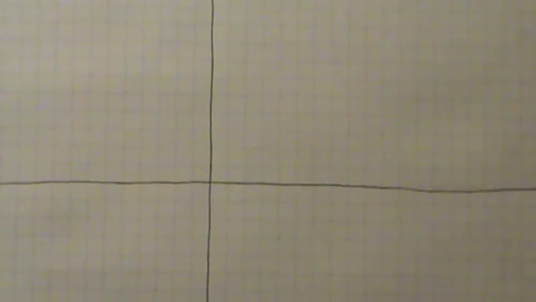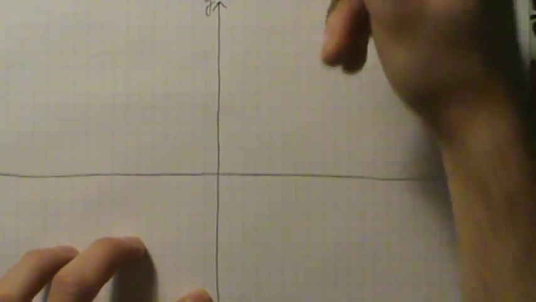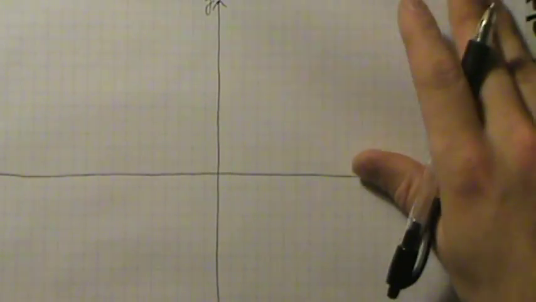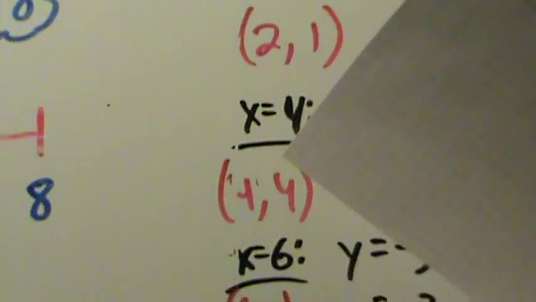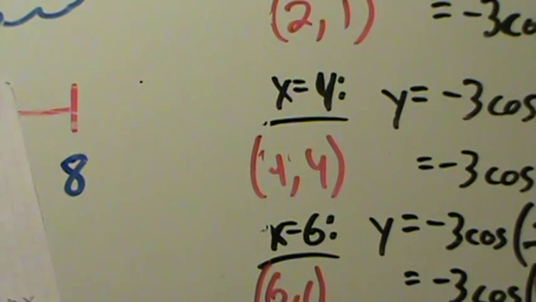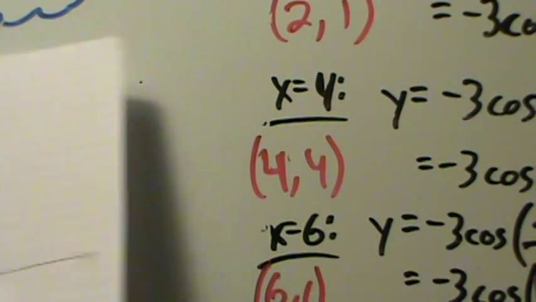Alright, zoom back out a bit. So x-axis, y-axis. If you're following along, you don't really have to make yours exactly like this. You just want to make it big enough to fit these points here and some extra space around them too.